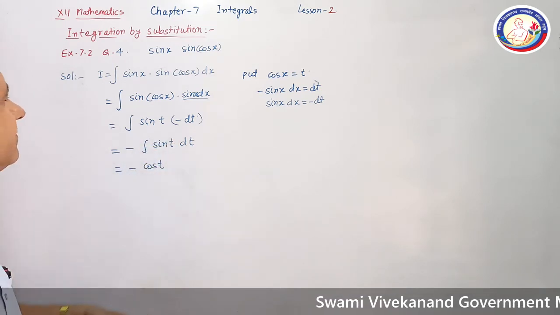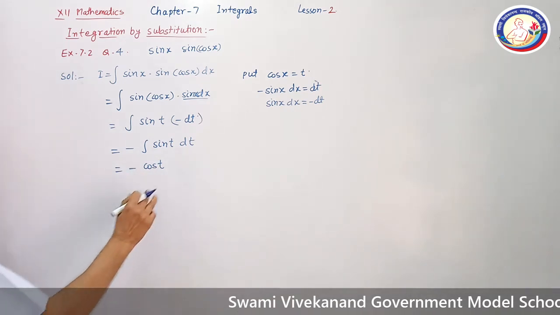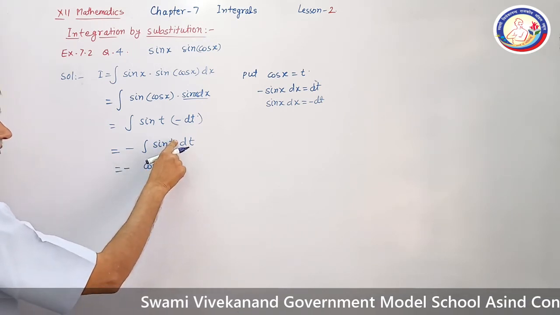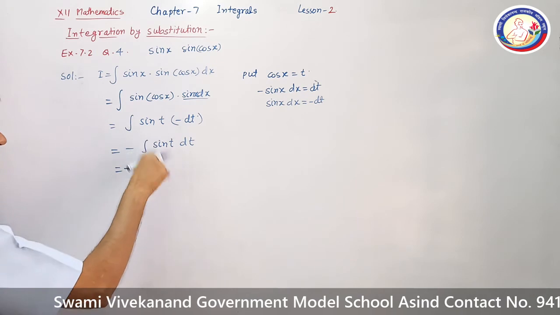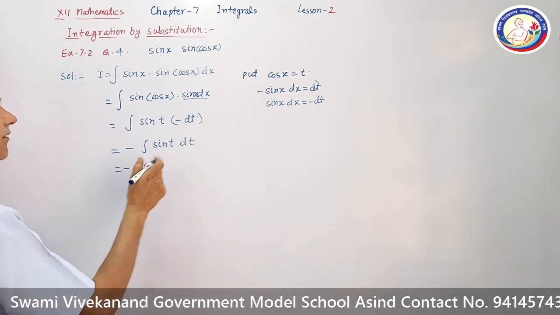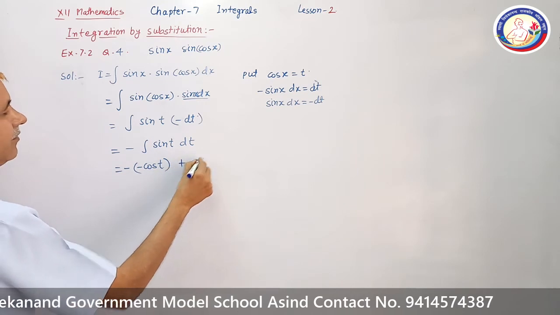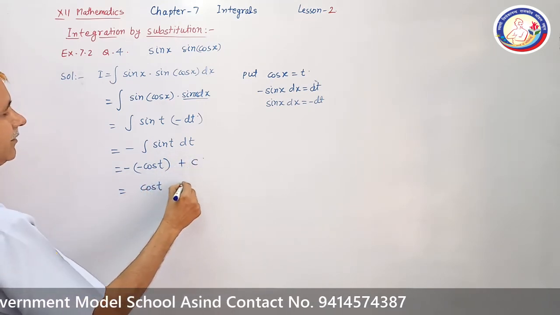So it is minus of minus cos t. The differentiation of sin t is with a positive sign, but integration will be with the reverse sign, and plus constant of integration. So cos t plus c.